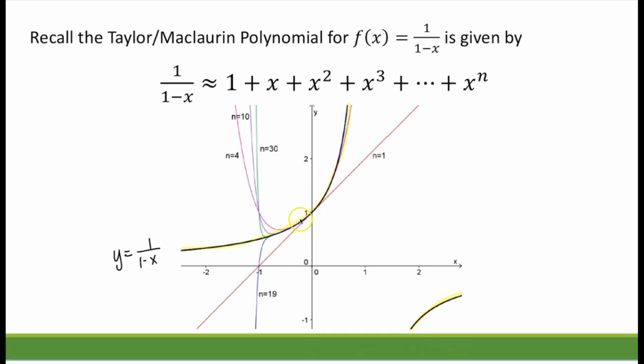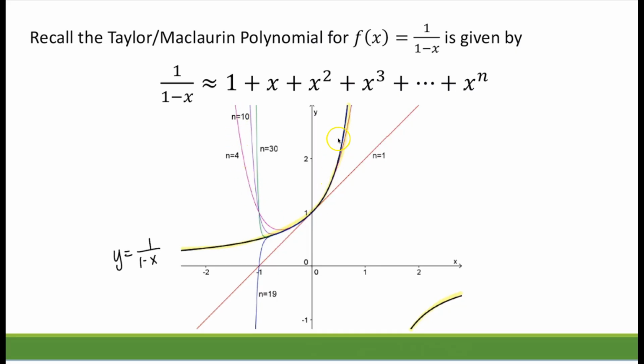And this line is the tangent line to the function 1 over 1 minus x. And it's only a good approximation for a small interval around 0. And then the line starts to get further and further away from the curve. If we increase the number of terms, so if we have a 4th degree or a 19th degree or a 30th degree Taylor polynomial, those are a little bit better for longer.